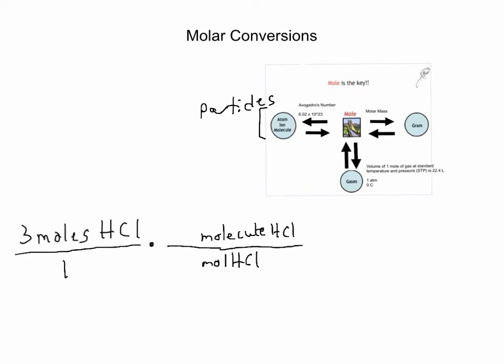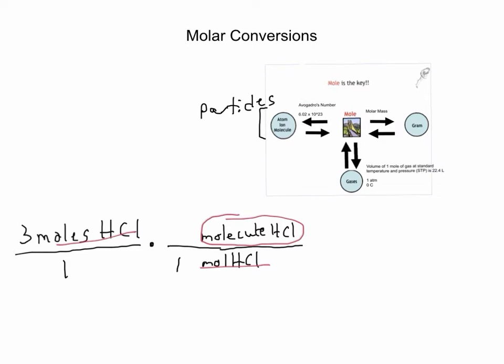Be careful if you try to abbreviate molecule that it doesn't look like mole. And we have to figure out, well, do our units cancel? Moles of HCl, moles of HCl. We're left with molecules of HCl. That's what we're looking for. And we know that 1 mole of hydrochloric acid contains Avogadro's number, or 6.02 times 10 to the 23rd, particles or molecules.